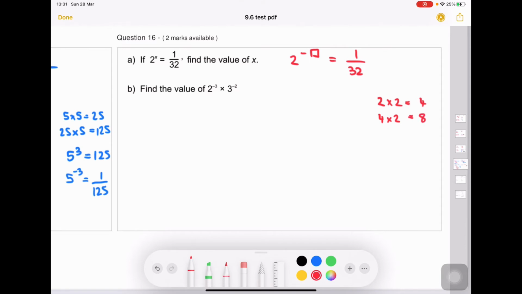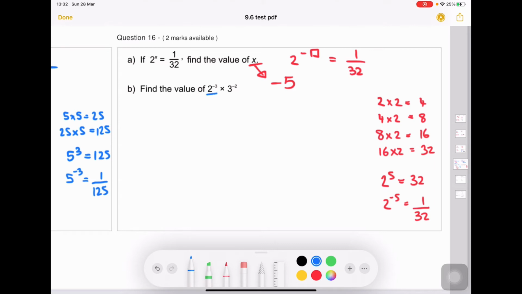So that's 2 cubed. 2 to the 4 will be 8 times 2, which is 16. 2 to the 5 will be 16 times 2, which is 32. So 2 to the 5 is 32. 2 to the -5 is 1 over 32. So the value of x is -5.